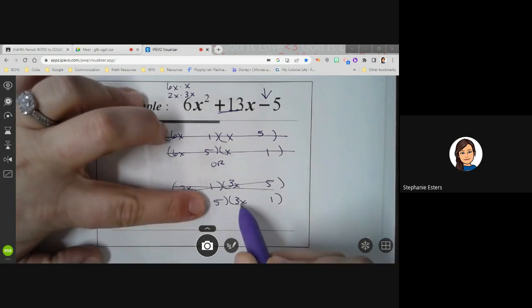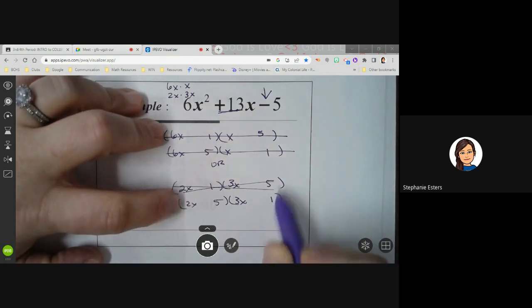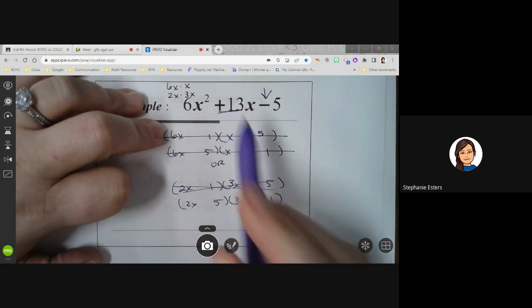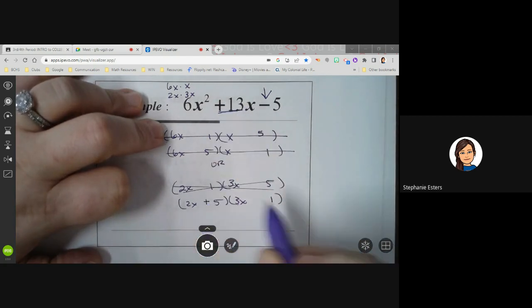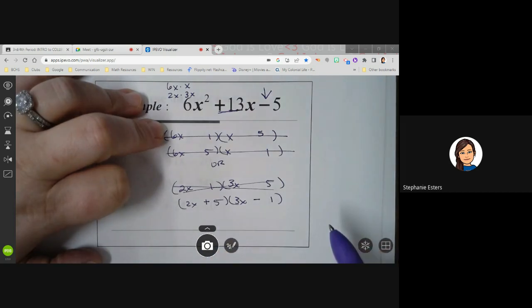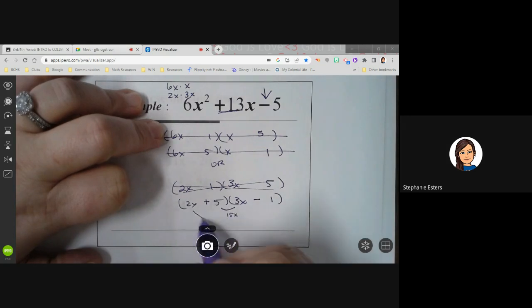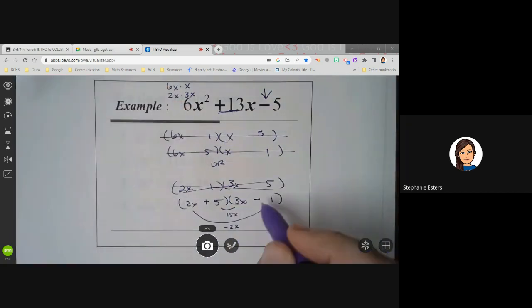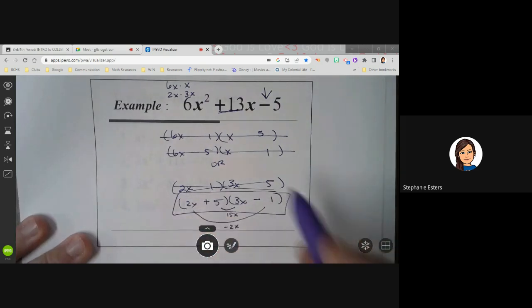But 15x and 2x will absolutely subtract to give me 13. For my 13 to be positive, my 15 needs to be positive and my 2 needs to be negative. Once again, I'm talking about the inside term, 15x, and the outside term, negative 2x. 15x minus 2x gives me 13x. Okay, so this is my answer.